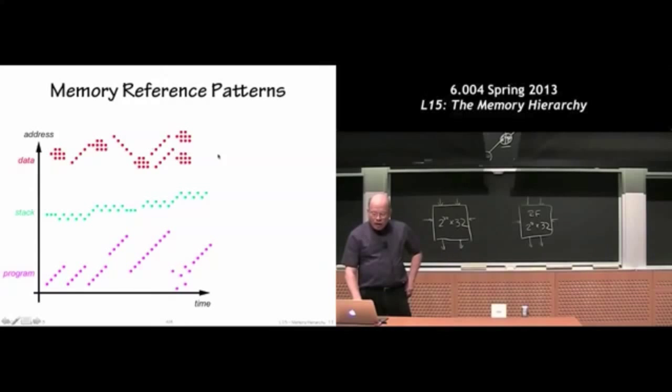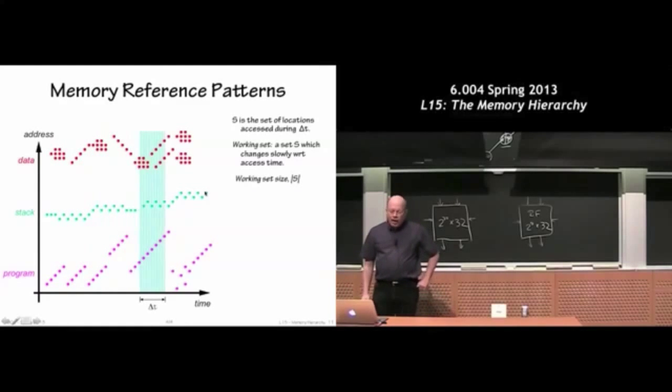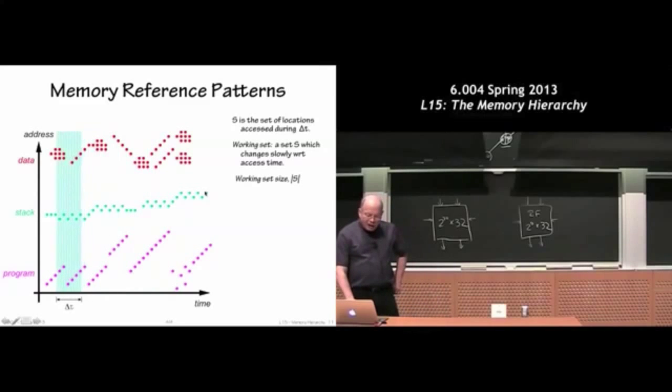And so if you put all this together, you can see that in a particular span of time, the range of addresses that appear here in the blue region is actually limited. There's a limited number of program locations and a limited number of stack locations and a limited number of data locations that I'm accessing. So that's what we mean by locality of reference.